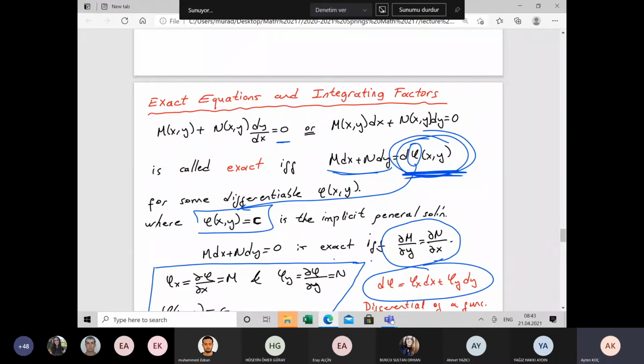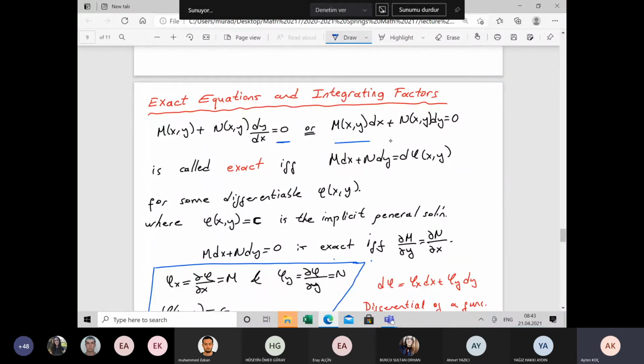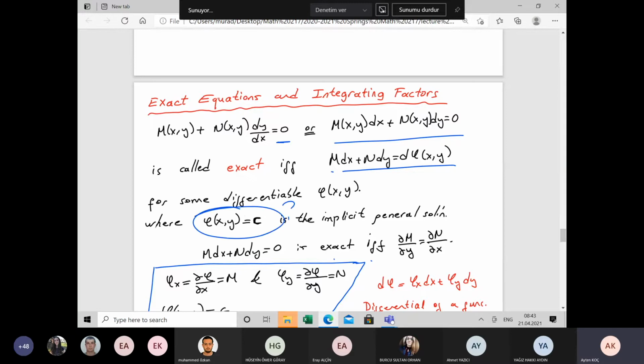The natural question is: if our equation is in this form and satisfies this condition, that is, it is exact, how do we find the solution? We know that d phi is d phi over dx dx plus d phi over dy dy, and this is equal to M dx plus N dy.